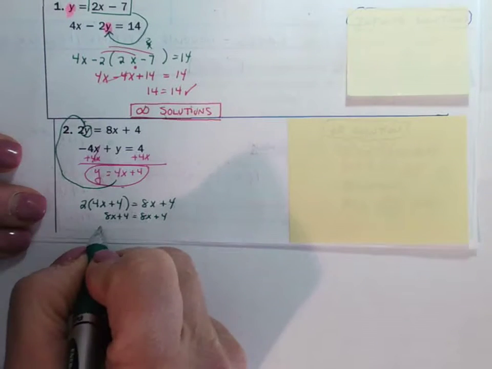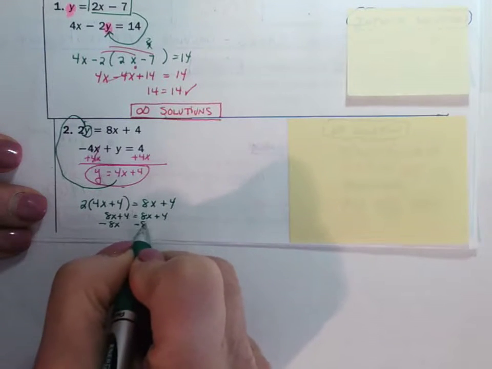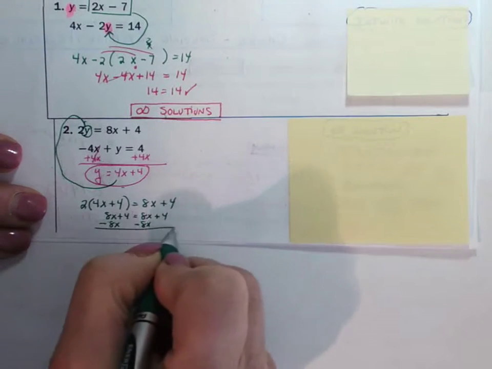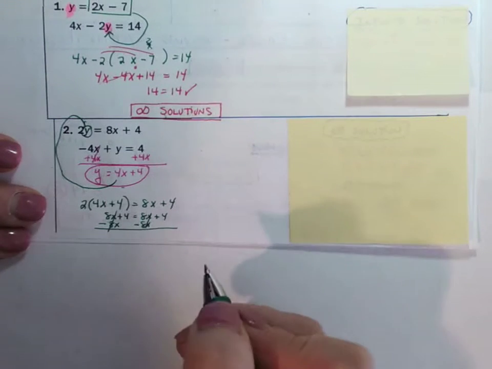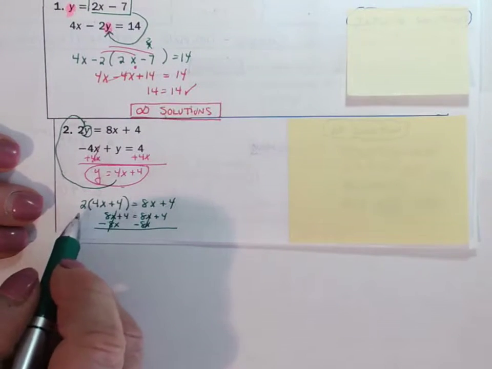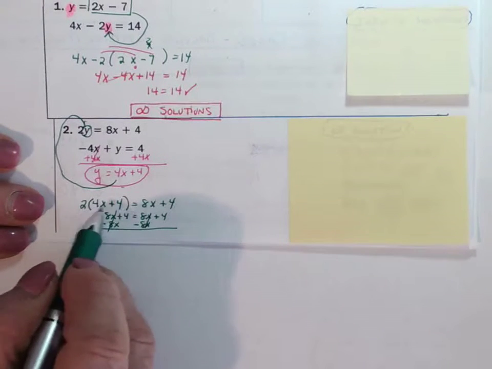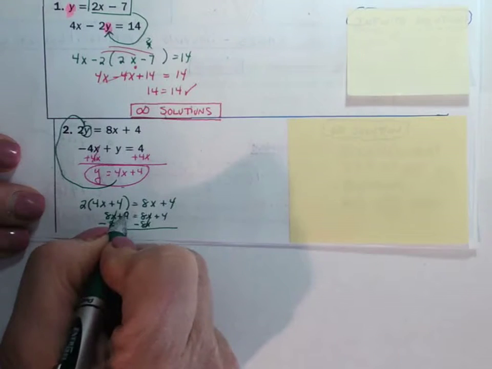I'm going to get the variables on the same side, so I'm going to subtract 8x from both sides. Oops, I made a little math error here. Did you catch that? 2 times 4 is 8x. 2 times 4 is 8.